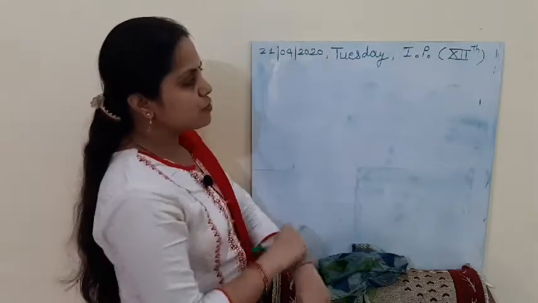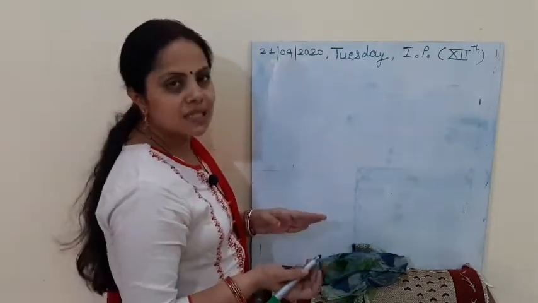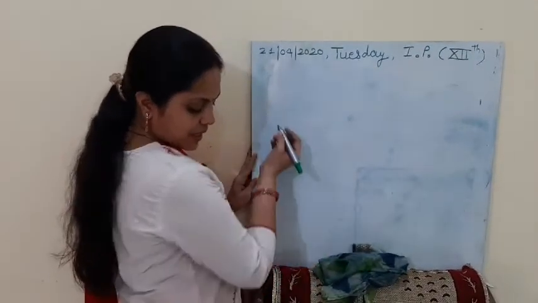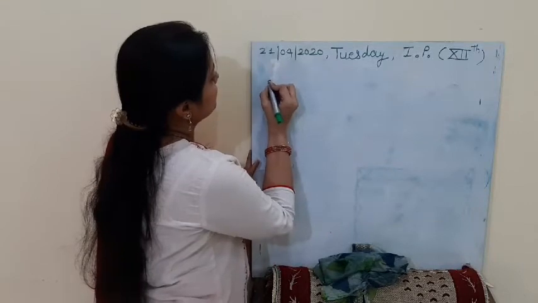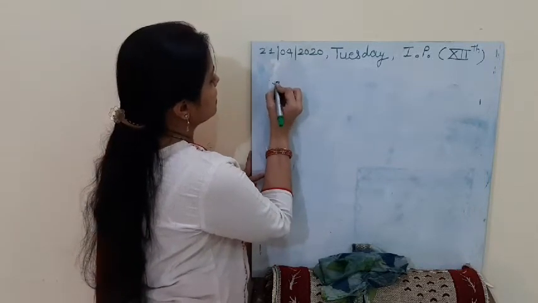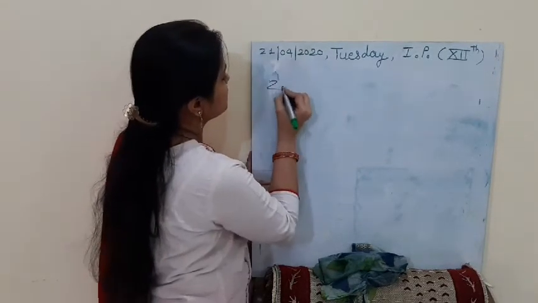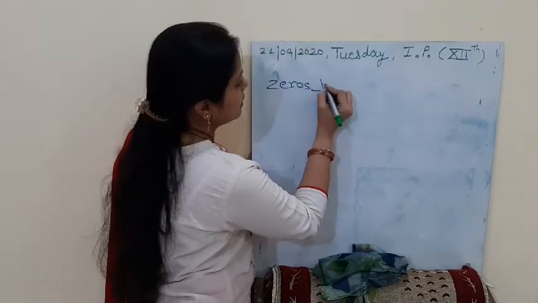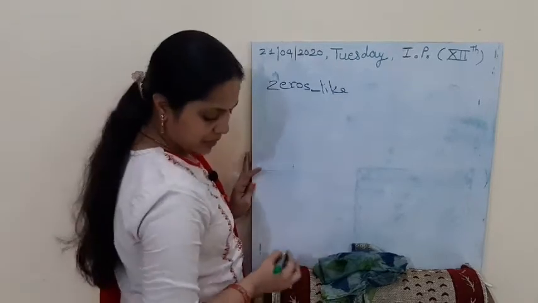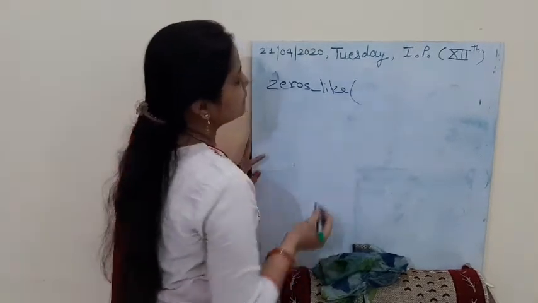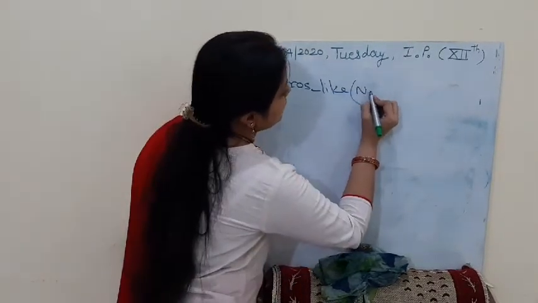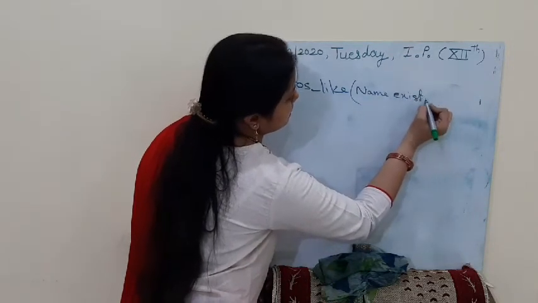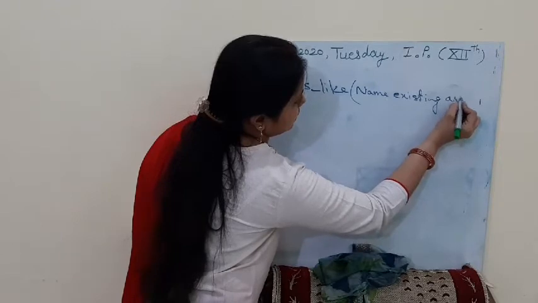For example, I want to create a matrix filled with zeros like a particular given array. So I will write zeros_like, and then I will write the name of the existing array.